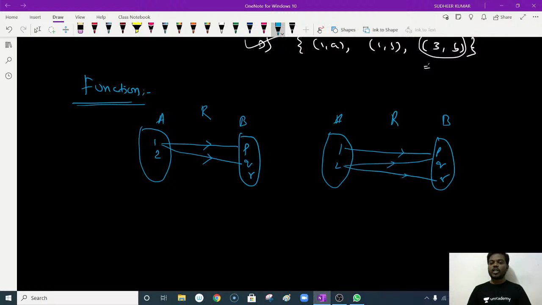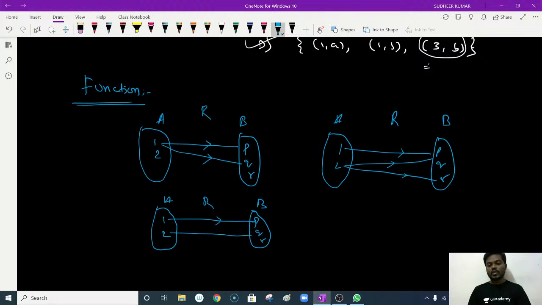This is also one type of relation, right? If we take the next case, suppose this is A and B. This is a relation from A to B: 1, 2, P, Q, R. 1 is associated with P and 2 is associated with Q. It need not be associated in order, but if you recall, if you define the function from the relation, every element in set A is associated with a unique element in set B, right?